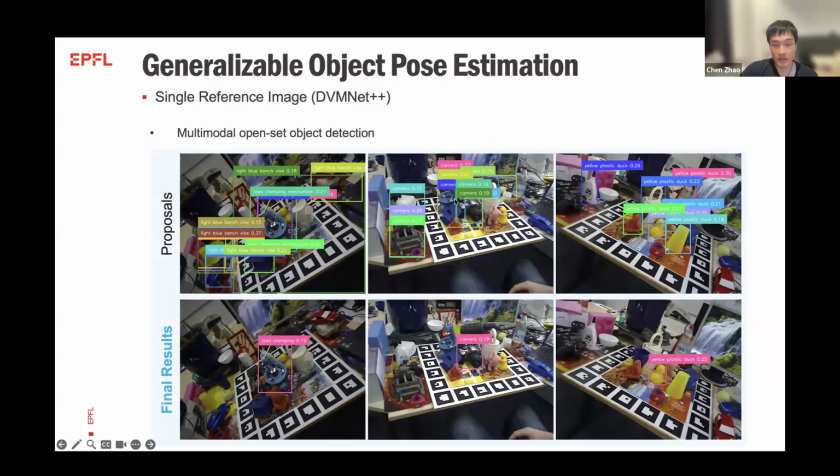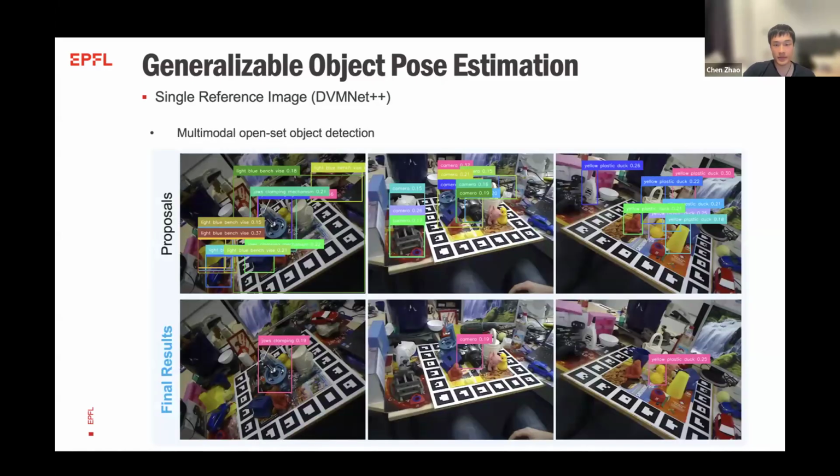For example, for this image, some of the scores of the wrong object proposals are actually larger than the correct proposal. So that's why we cannot really rely on these scores. But you can see here, after our second stage, the selected bounding box is quite robust.